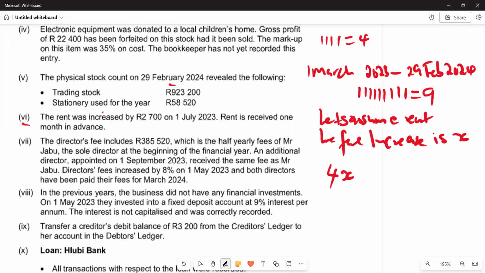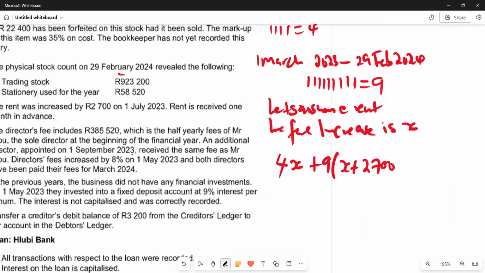Then after it was increased, we have 9 months, so 9 times X plus 2,700, since it was increased by 2,700. And then having done that, we close our bracket, equal to the total that you are given in the question.